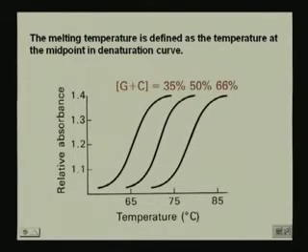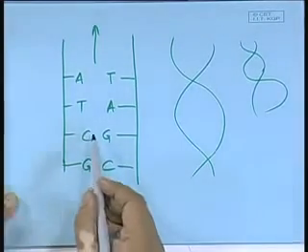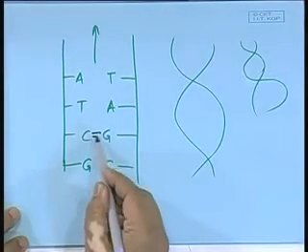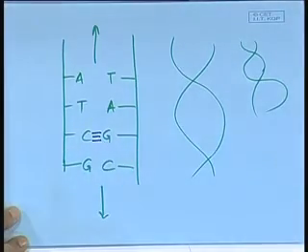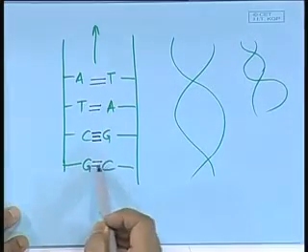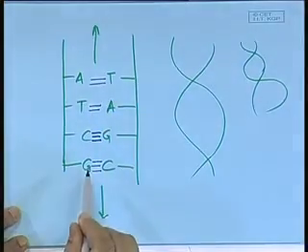What happens in the GC pairing? Yes, in the GC pairing I have triple bonds. I have double bonds in my AT pairing. So, the higher amount of GC that I have, it is going to be more difficult for me to separate the strands.